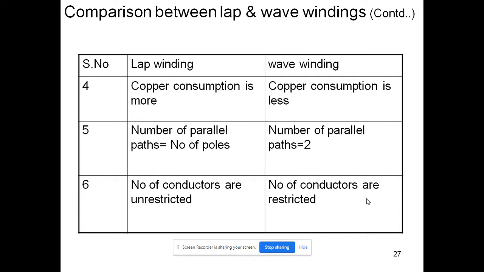The winding will be more, so the copper consumption in a lap winding will be more. Whereas in a wave winding, the copper consumption is less.